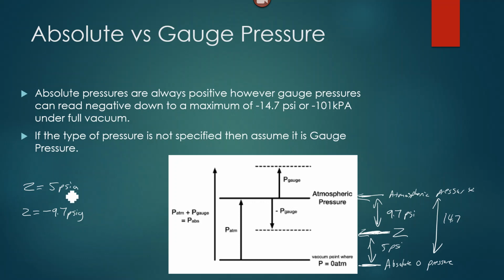And to get from psia to psig, we subtract 14.7. And you can see that that's the case here. So, absolute and gauge pressures. Now, when we say a vacuum, I just want to specify that a vacuum is just any pressure that's below atmospheric pressure. There is a little bit more to a vacuum, but that's all we really care about right now.